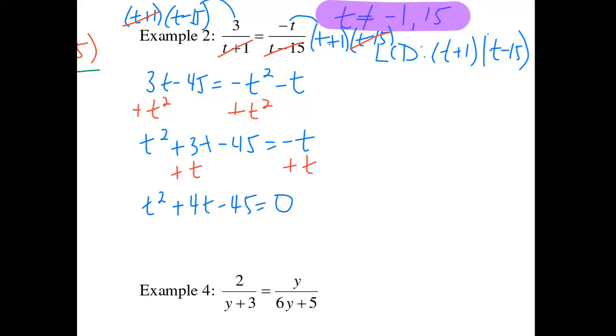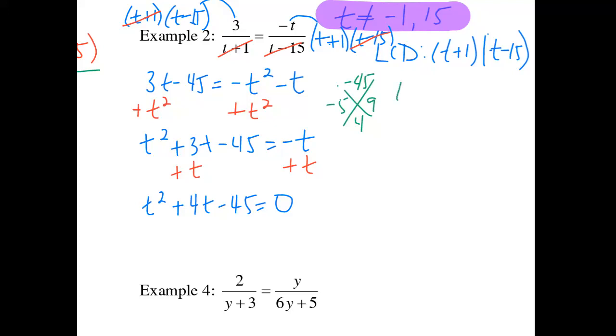And now I can do my factoring technique and find the factors and set each of those equal to 0. So let's do our factoring in a different color here. If we build the x, because we've got a trinomial, we'll have negative 45 in the top and positive 4 in the bottom. Two numbers that multiply to negative 45 but add to positive 4 would be negative 5 and positive 9.